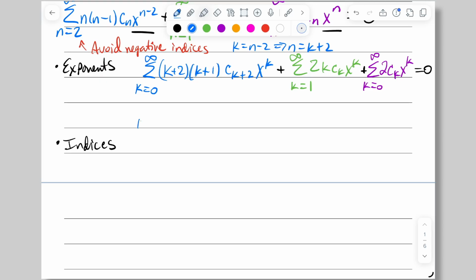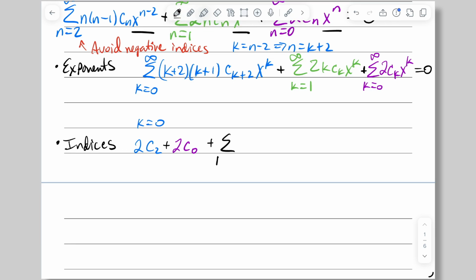So first writing down the blue k equals 0 term, we have 2c2. Writing down the k equals 0 term for the third sigma expression, the one that represented y, gives us 2c sub 0. And then for what we have left, everything starts now at k equals 1.